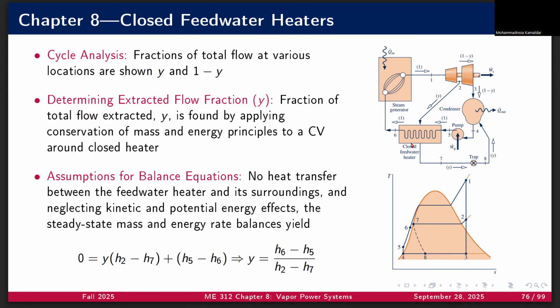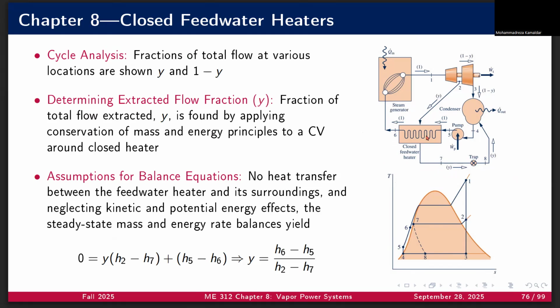So let's review the assumptions for this balance equation. We assume steady state operation, as always. We assume no heat transfer between the feed water heater and its surroundings. So all the heat transfer is internal. There is no Q dot of CV, so Q dot of CV is 0.